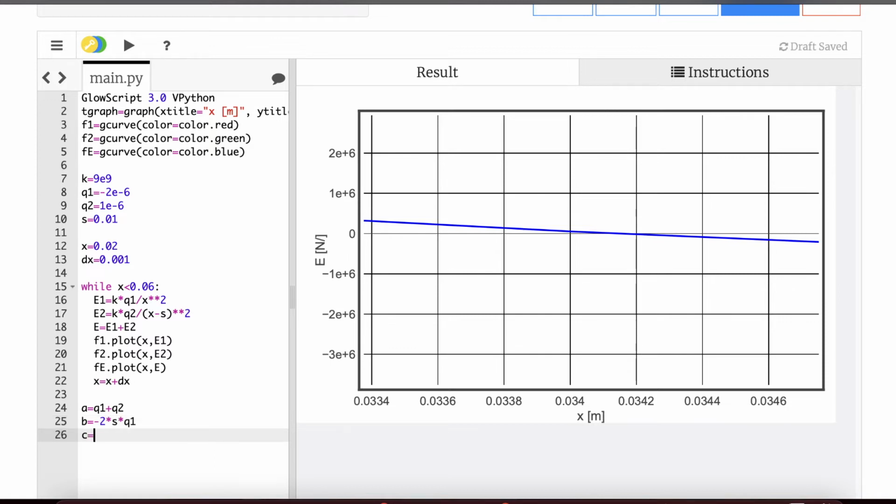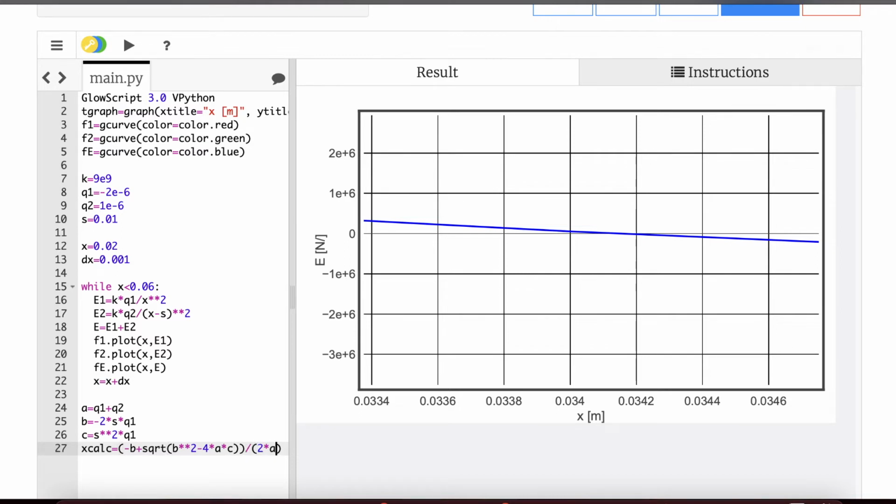C equals S squared times Q1. And this, yeah, that's fine. So now I can say x calc equals negative b plus or minus, let's do plus first, plus the square root of b squared minus 4 times a times c, all of that divided by 2 times a.